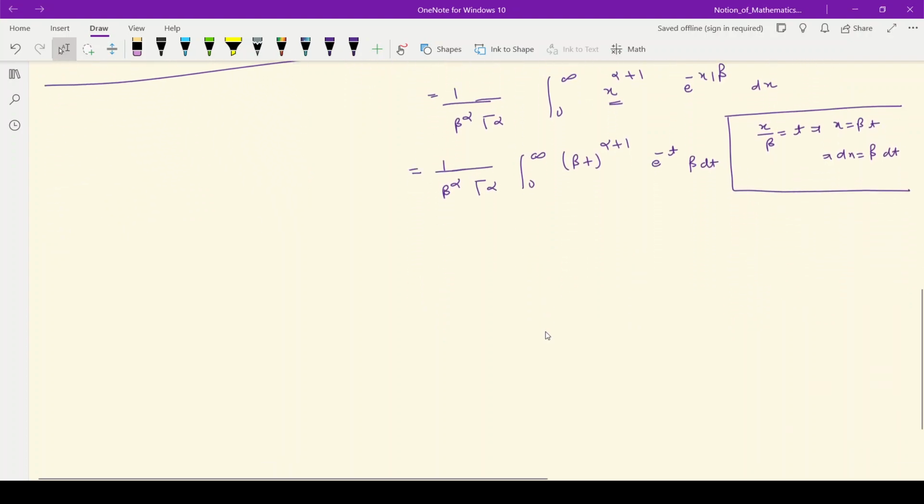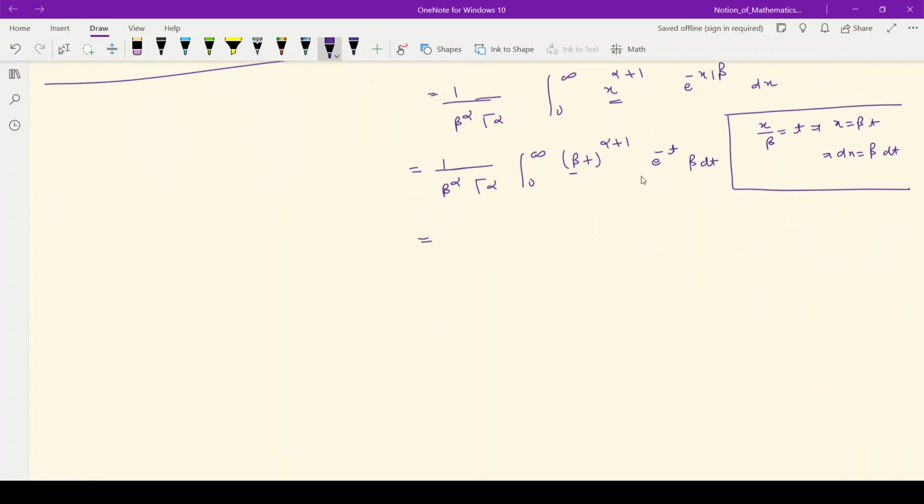So what we are going to get here is that beta power alpha and beta power alpha will be cancelled out. Ultimately, beta square by gamma alpha, integral from 0 to infinity of e to the power minus t, t to the power alpha plus 1, dt.